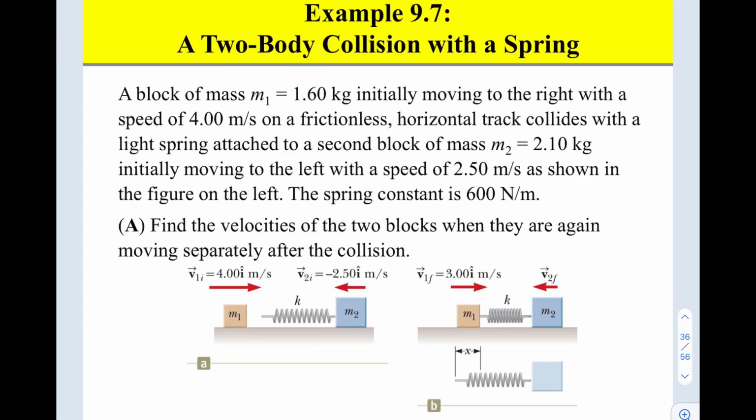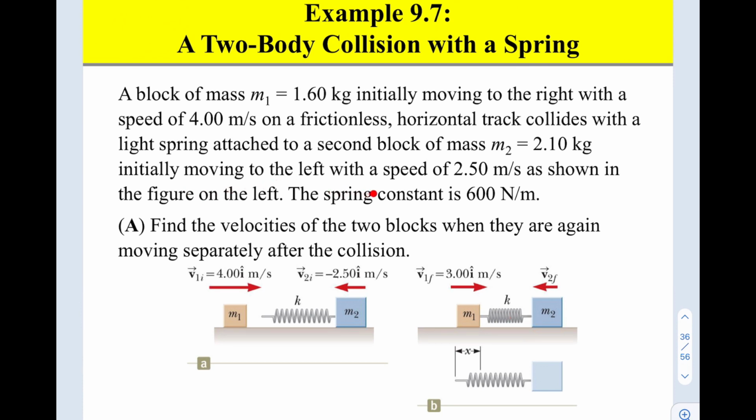Example 9.7, a two-body collision with a spring. A block of M1 equal to 1.6 kilogram, initially moving to the right with a speed of 4 meter per second on a frictionless horizontal track, collides with a light spring attached to a second block of mass M2 equal to 2.10 kilogram, initially moving to the left with a speed of 2.5 meter per second, as shown in the figure on the left.